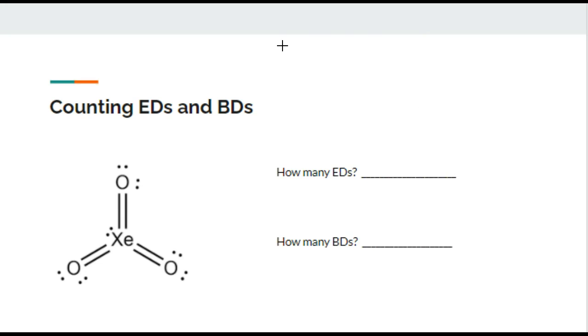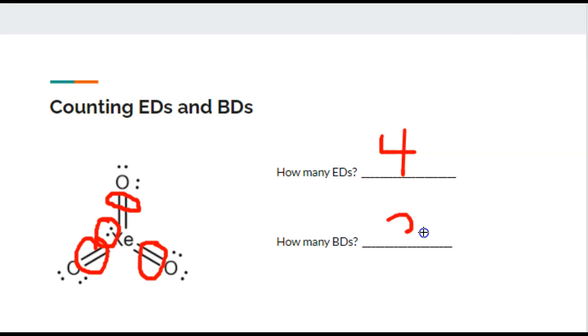And remember, if it's a multiple bond, it still only counts as one electron domain. So there's 1, there's 2, there's 3, and then this guy in the middle is the 4th. And we're only looking at the central atom. So there are 4 electron domains, and then how many of them are bonding domains? How many of those things that we circled have bonds in them?